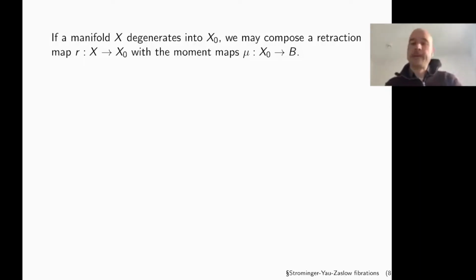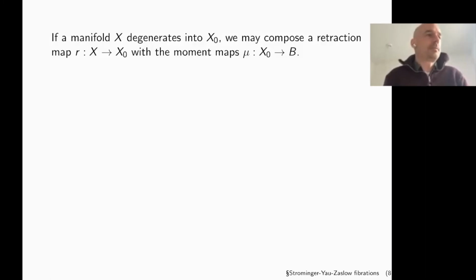It's a union of 3 complex planes which meet along toric strata. So you degenerate into exactly such a thing where you can then glue the moment maps together. So that's what I'm going to do. I have 2 steps in this process. First, I start with a smooth manifold, degenerate into something singular, the union of toric varieties that meet along boundary strata, and then I can use the moment maps and glued moment maps to compose that.